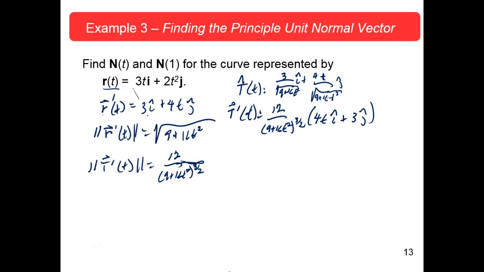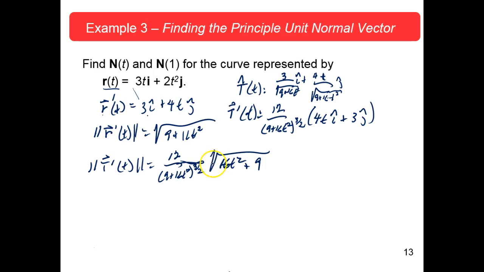Now, we're going to come back to that in a minute. And then it's going to be the square root of this thing, 16t squared plus 9. Well, look at that. This is a factor up here as well as down there.